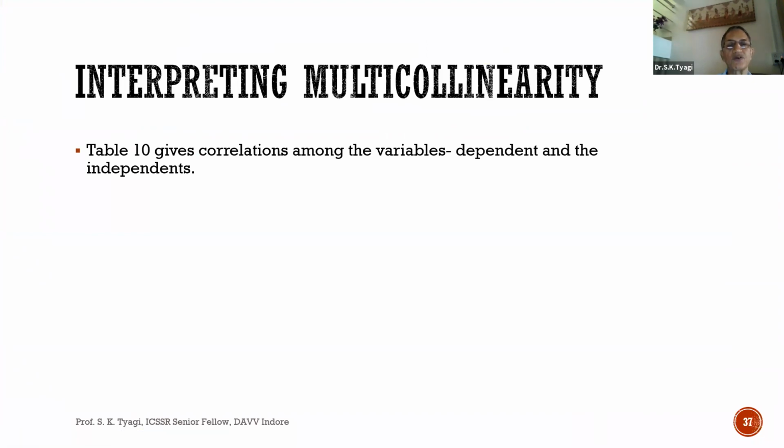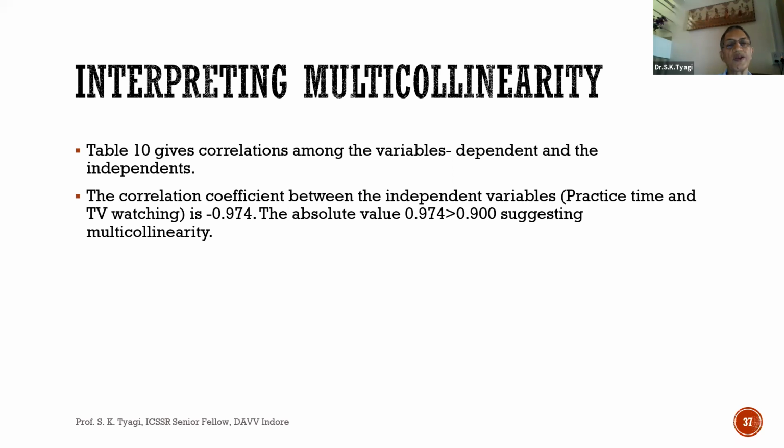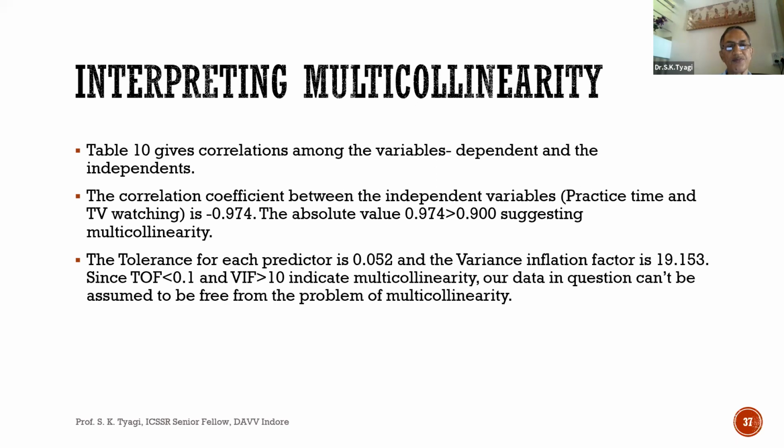Table 10 gives the correlation among the variables, dependent and independent. The correlation coefficient between the independent variables, practice time and TV watching, is minus 0.74. Okay, between these two independent variables, the coefficient is greater than 0.9, suggesting a problem of multicollinearity. Now the tolerance for each predictor is 0.052 and the VIF is 19.153.